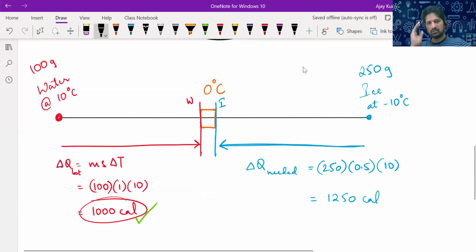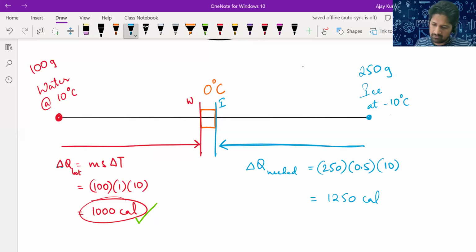Water coming to 0 degrees will definitely complete. Now, by the time water comes to 0 degrees, it would have released 1000 calories. So ice would have completed some of this stage. It would not have come to zero, but it would have come to some temperature between minus 10 and zero, because it got 1000 calories of heat.